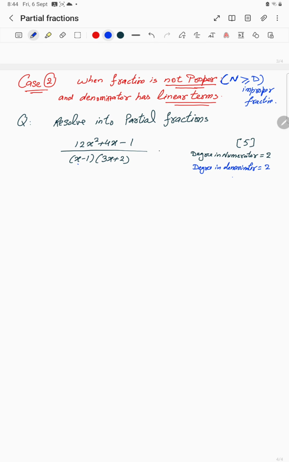Whenever you encounter an improper fraction, you need to change it into a proper fraction before resolving the given fraction into partial fractions. For this simple case, I'm going to discuss it with you, and you can carry over all such questions whenever you encounter this condition in one go.